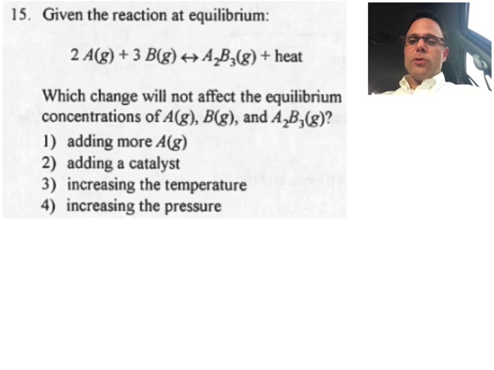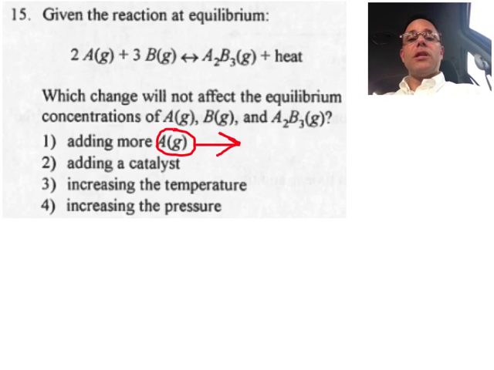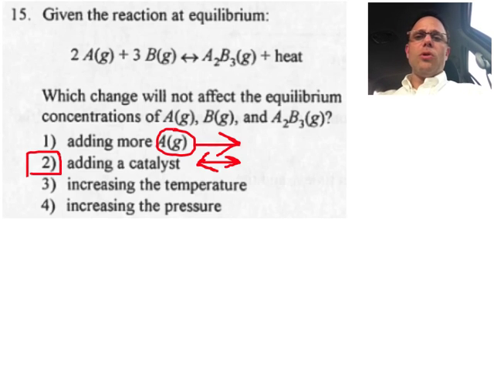Now, if we were to do what 1 says, and add more A, that's a reactant, it's going to force it to the right because now we have more opportunities for the reactants to collide. If they collide more, they make more products. If we add more catalyst, it just makes it go faster. So does that affect concentration? I'm thinking no. So 2 looks good, but what do 3 and 4 do?